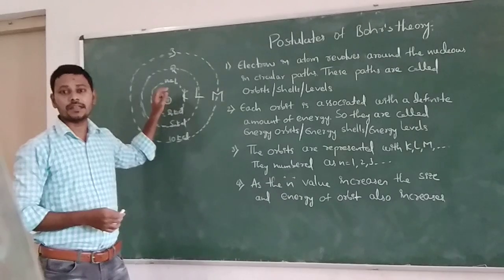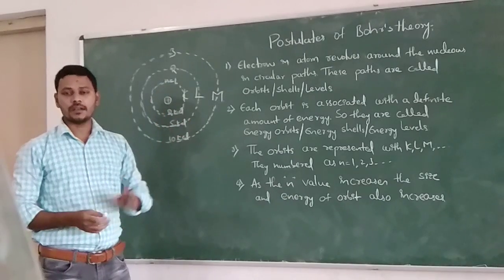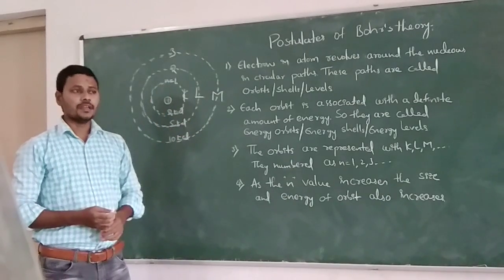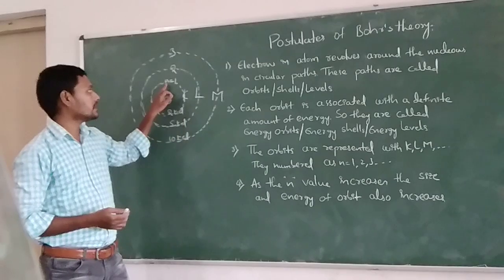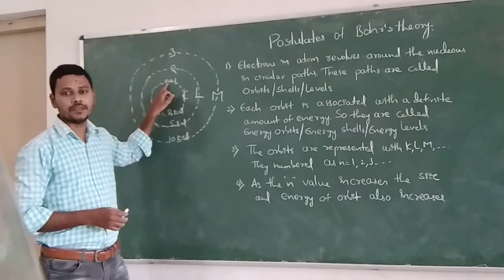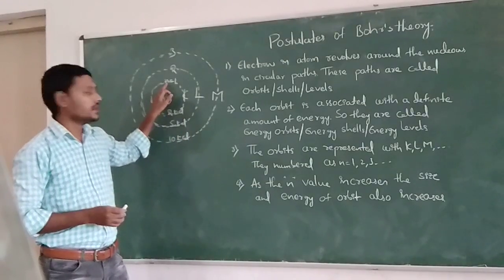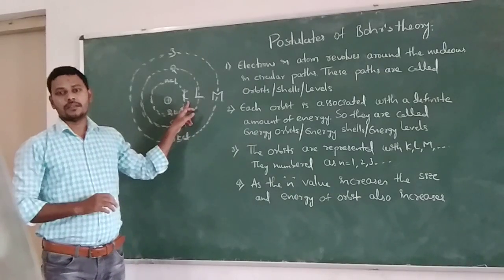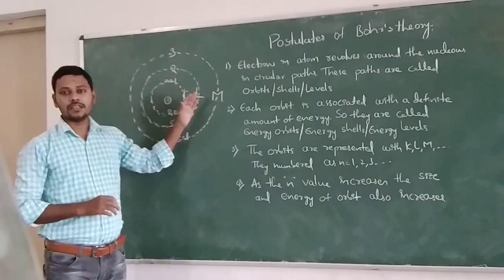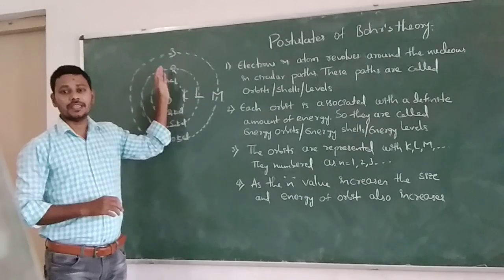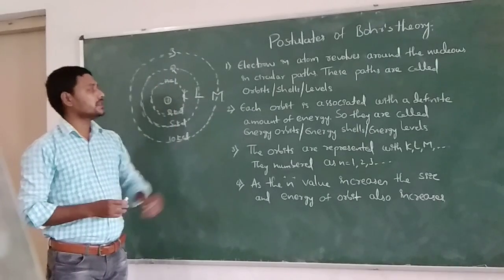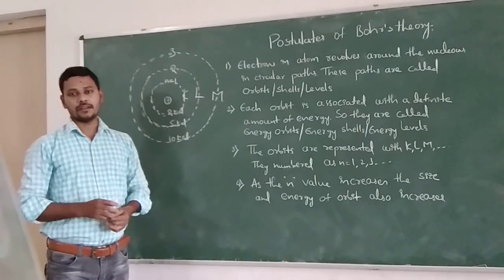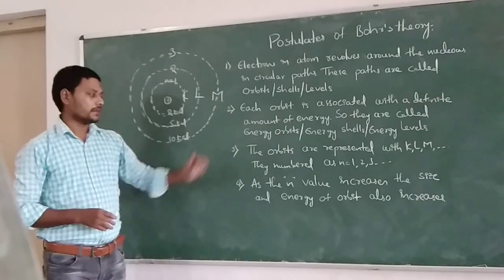The principal quantum number represents the number of the shell around the nucleus, represented with a small n. So K shell means the first circular path around the nucleus, n equals 1. L shell means n equals 2, second path, and M means n equals 3, third circular path. That is the third point.